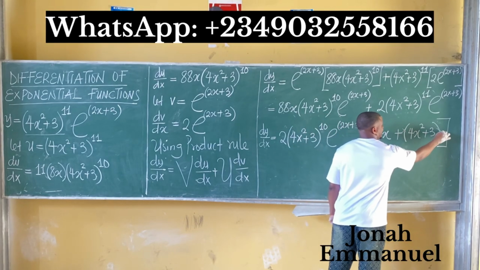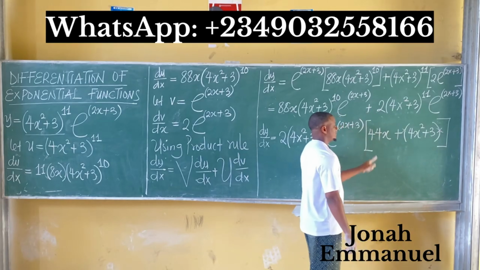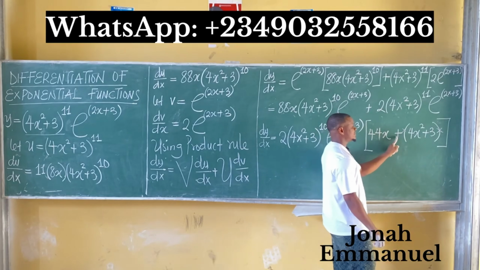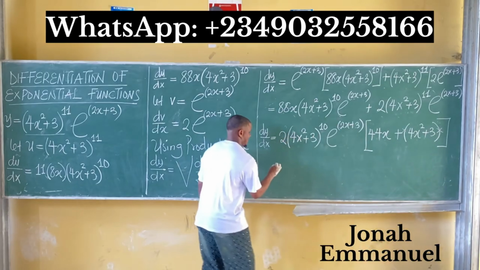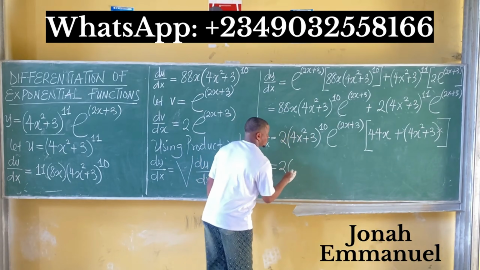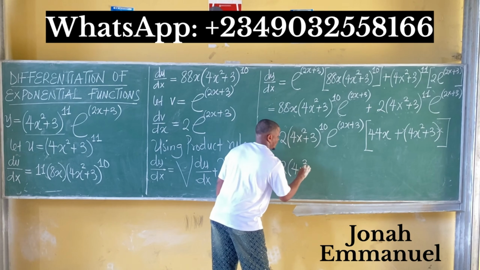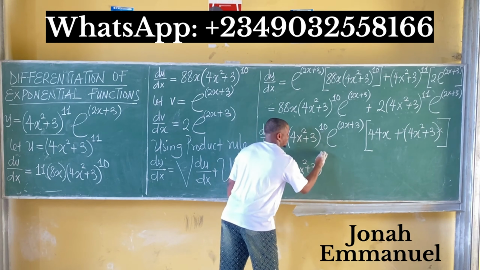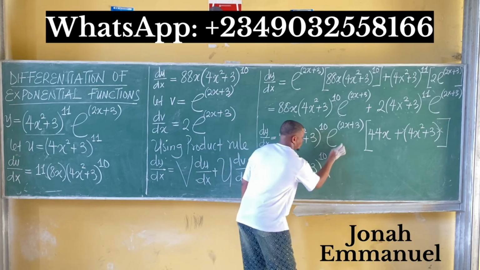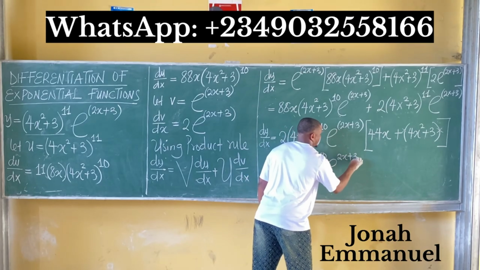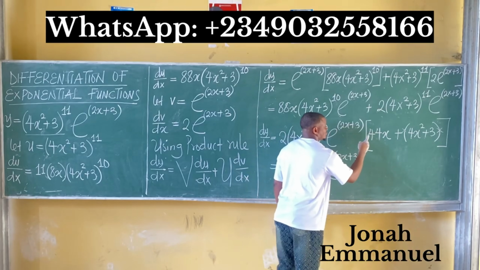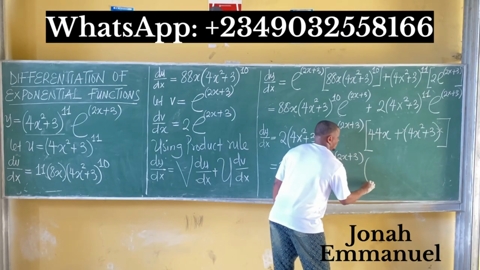If I remove the bracket, what do you have there? 44x plus 4x squared plus 3. My final answer is equal to 2 into 4x squared plus 3 to power what? 10 into exponential 2x plus 3. Then I'll change from square to round bracket.